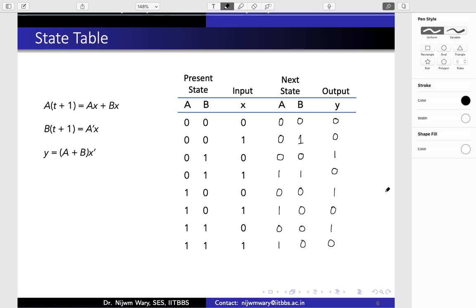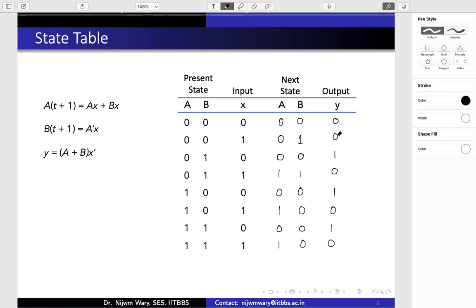Okay, so I have written down all the next states of A and B and also the output of Y. So this is how we get the state table. The state table has the information of the present state, the current input, and the next state.